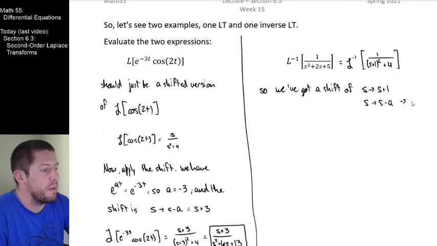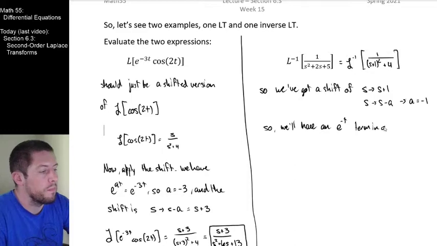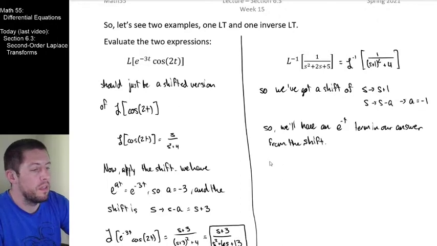And so it seems to me like a equals negative 1. And so we'll have an e to the negative t term in our answer from the shift. Since we have that component, let's now ignore the shift.